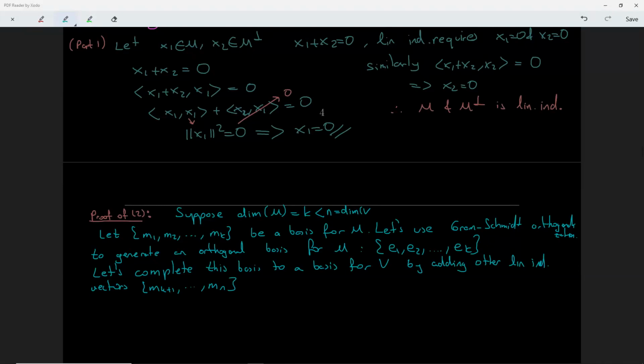And furthermore, I can continue Gram-Schmidt orthogonalization for this basis set and obtain an orthogonal basis for V itself.